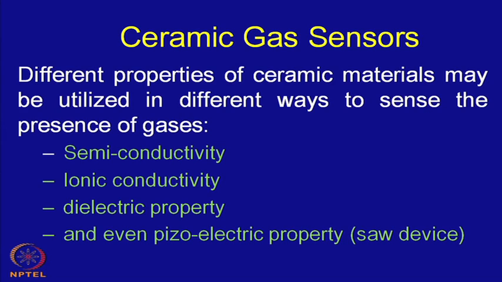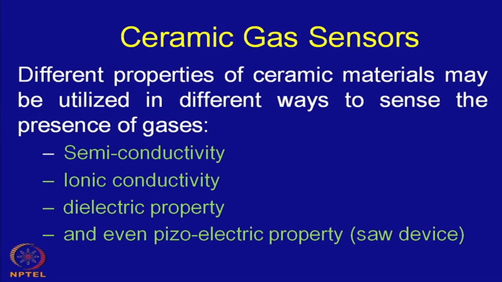As we know, there is a wide spectrum of properties available with ceramic materials. Some are semiconducting, some have metallic conductivity. There are ionic conductivity, dielectric property, and even piezoelectric property. All these properties can be exploited because there is a connectivity with the electrical properties.